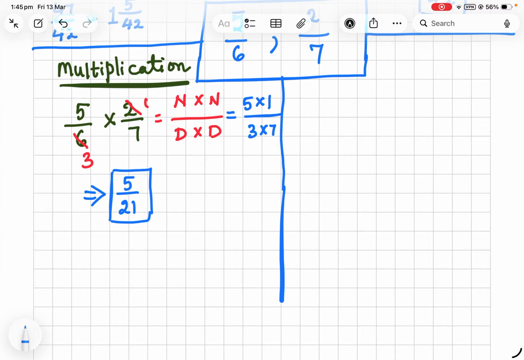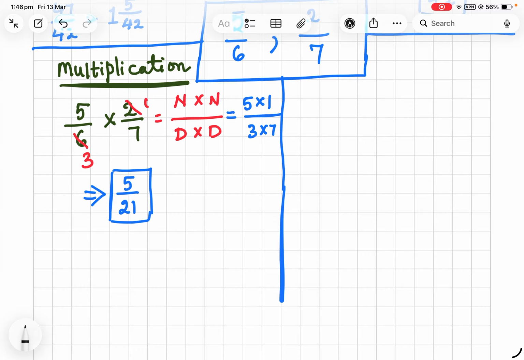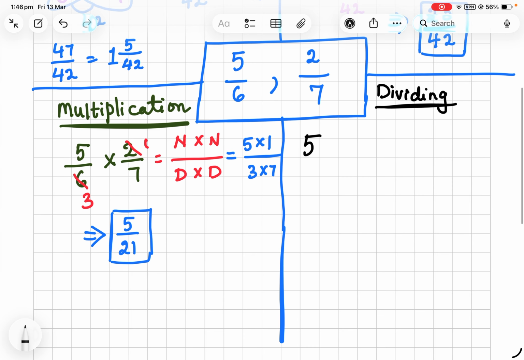Next, dividing. We are using the same fractions. So let's say you have 5 over 6 and you're dividing by 2 over 7.